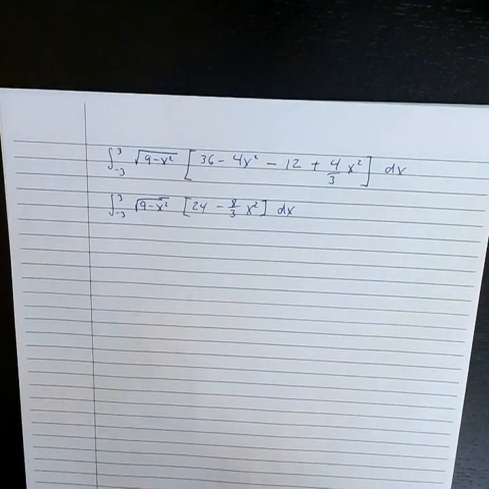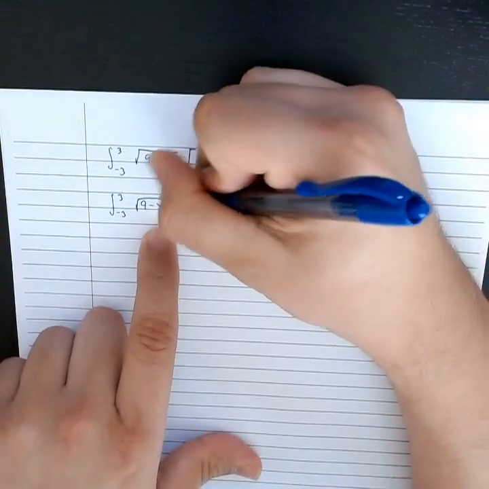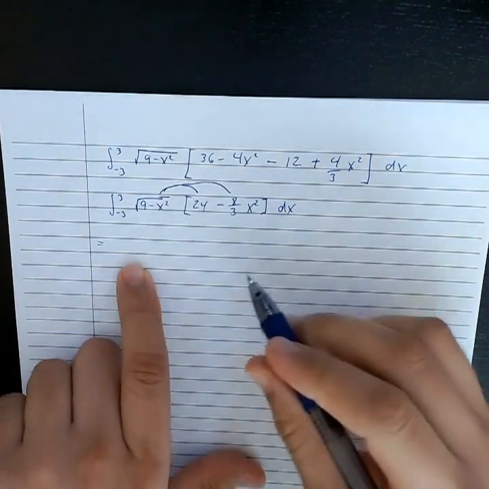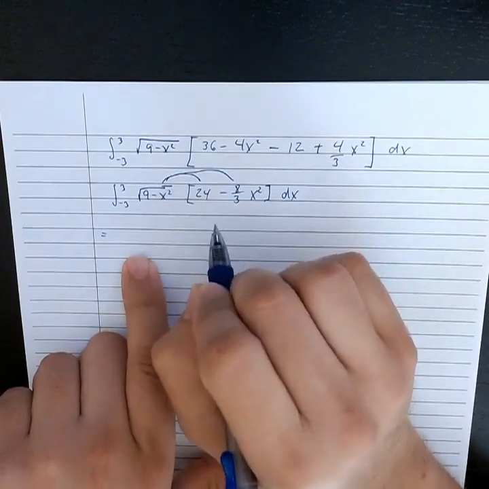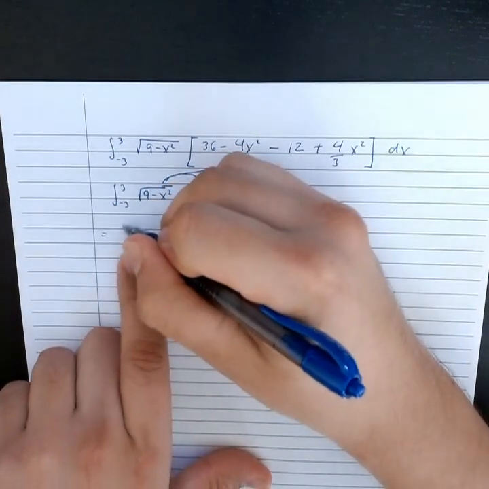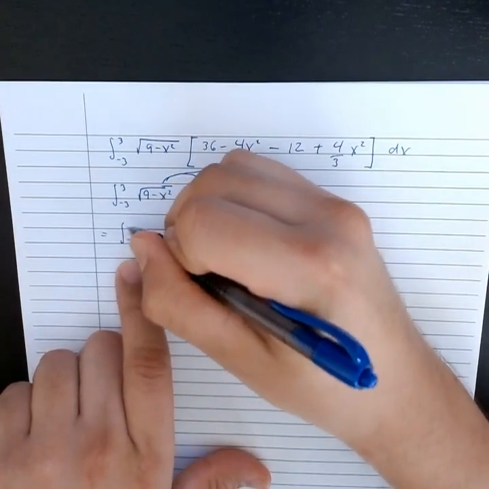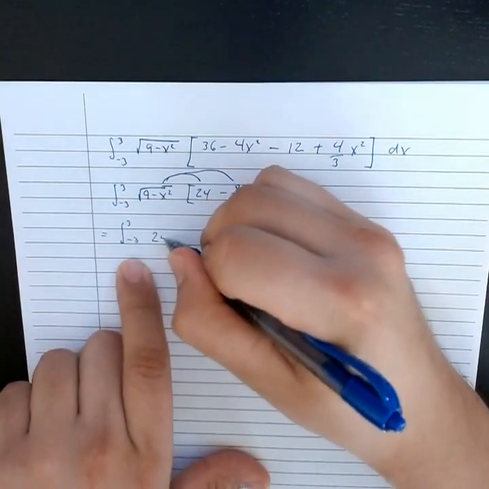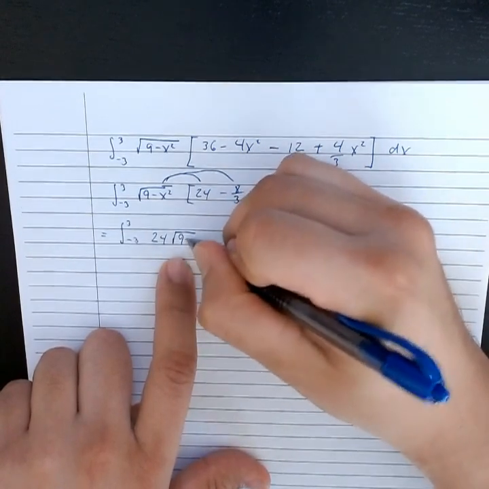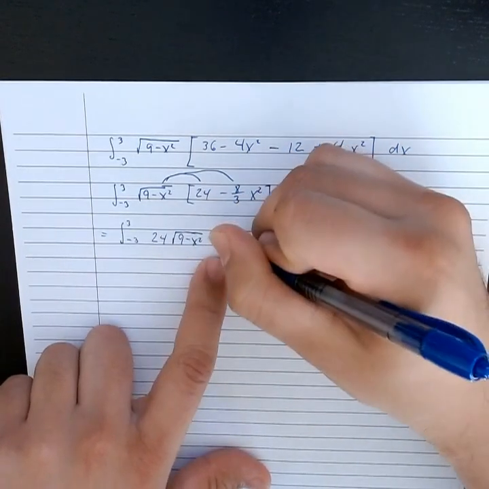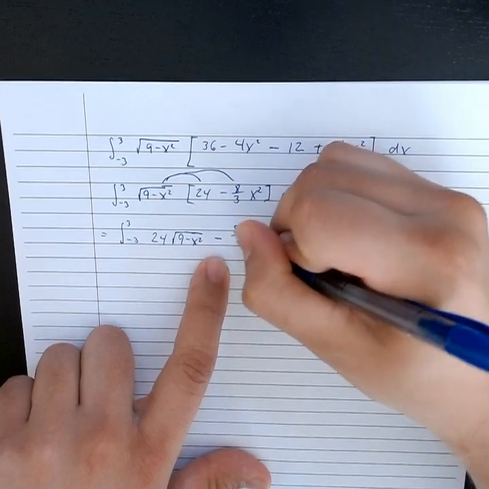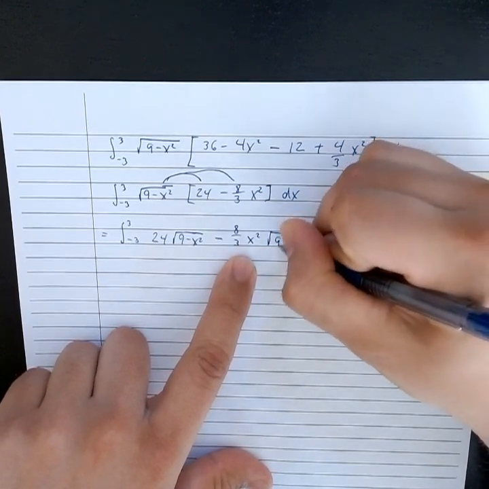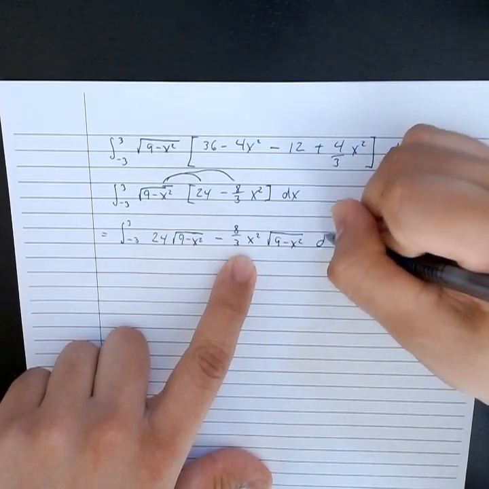I can now split this into two integrals. Let me go ahead and distribute this here and here. And remember, linearity is a nice, wonderful thing. We can split this as a difference of two integrals. So that's the integral from minus 3 to 3 of 24 times the square root of 9 minus x squared, and then minus 8/3 x squared times the square root of 9 minus x squared with respect to x.